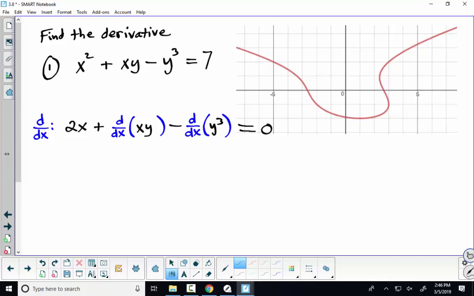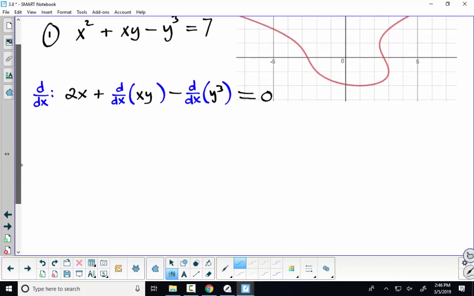So what would the derivative of the y cubed portion be? 3y squared times y prime. Don't forget, when we take the derivative there, just tack on a y prime. So that's 3y squared times y prime.